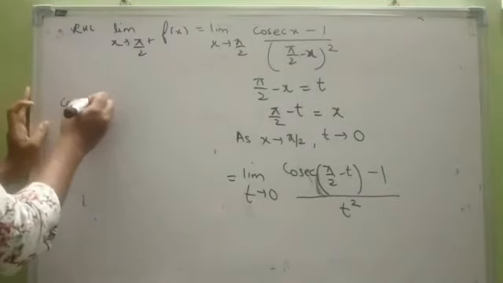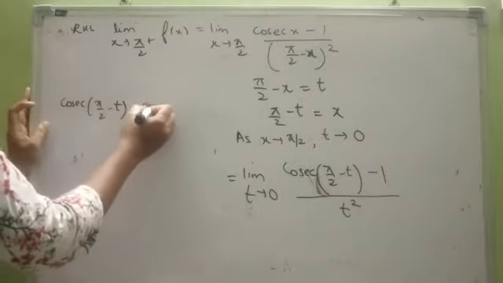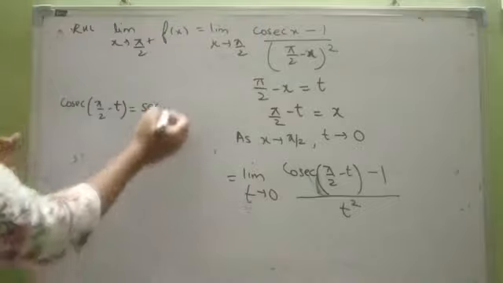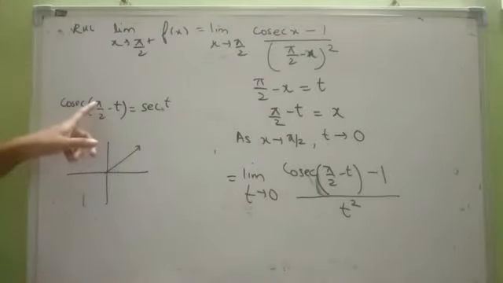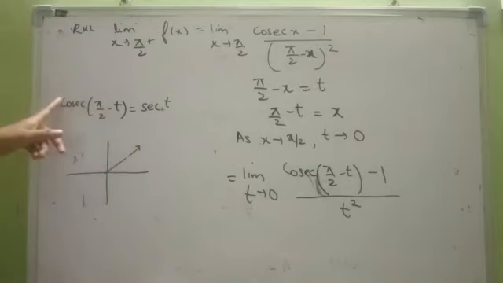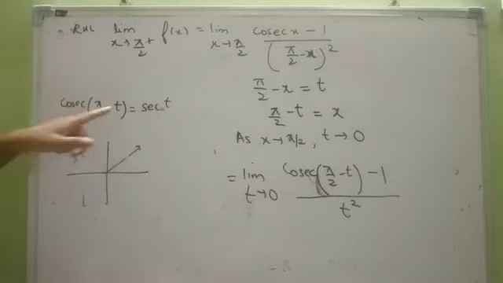Now what is cosec of pi by 2 minus t? Theta. That is nothing but sec theta. Okay. If you forget that, you can check this. In the first quadrant, pi by 2 minus t less than 90 degrees means in the first quadrant. So cosec will be plus only. And because this is a fraction, it will be sec. If this was not a fraction, then it would be cosec only.